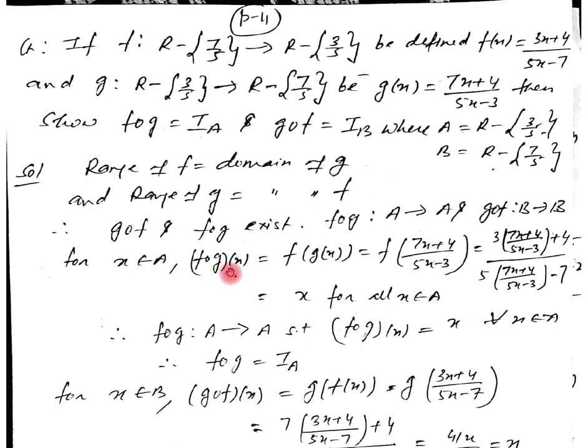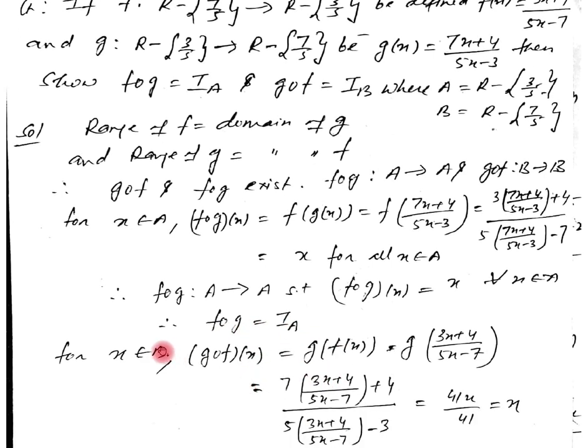It means image of this element under f composition g is the element itself, x, for all x belonging to A. Therefore, we can say it is an identity function, f composition g from A to A such that (f composition g)(x) equal to x. It means f composition g is equal to I_A.